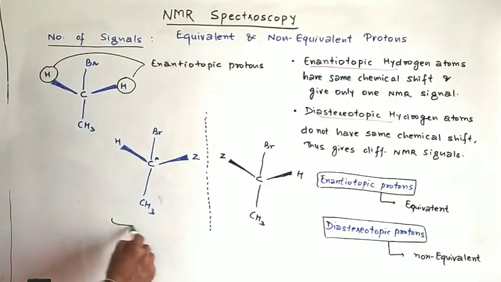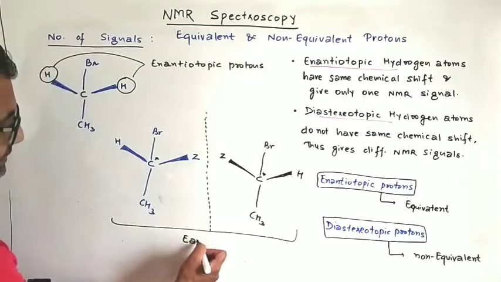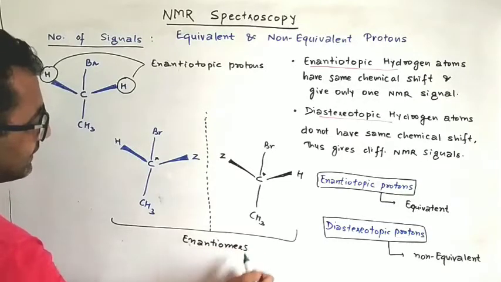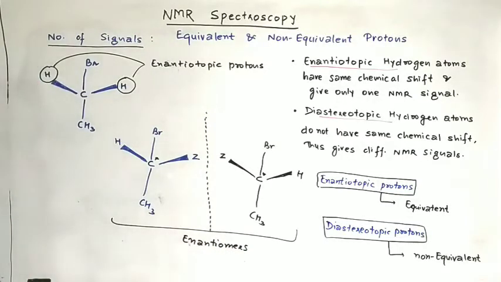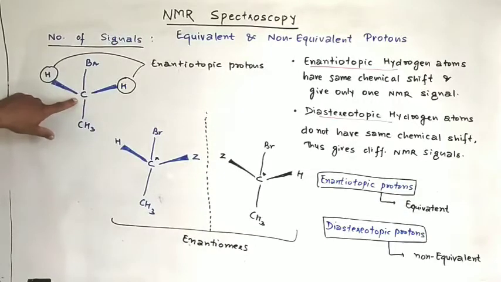Now these two isomers, as both have the chiral carbon, these are enantiomers. What are enantiomers? The organic compounds which have a chiral carbon and which are non-superimposable mirror images of each other are called enantiomers. Out of these two, one will be dextrorotatory, the other will be levorotatory. That you studied in stereochemistry. So these two protons connected to this carbon, you can say, a prochiral carbon.